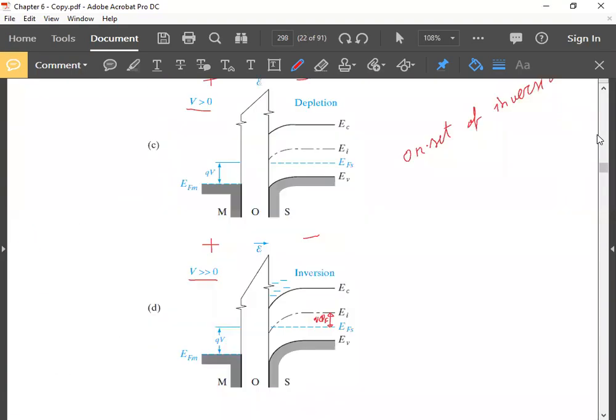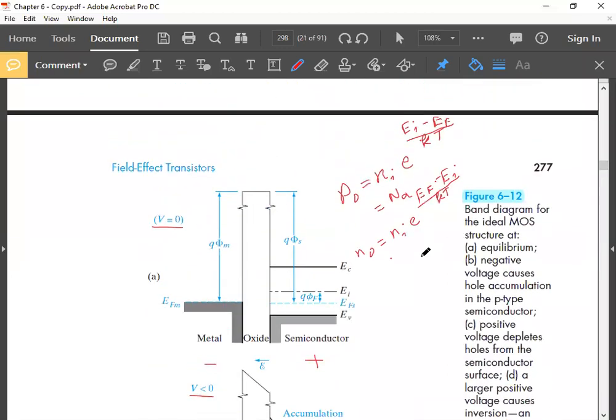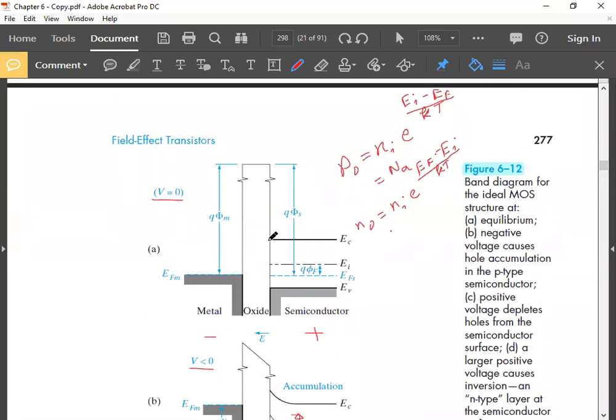If we go back here, remember we started with a condition where the energy levels were flat, and in order to get this condition, we made the simplified assumption that phi m is equal to phi s. But when you consider those two real scenarios, phi m is not equal to phi s and there are interface charges.